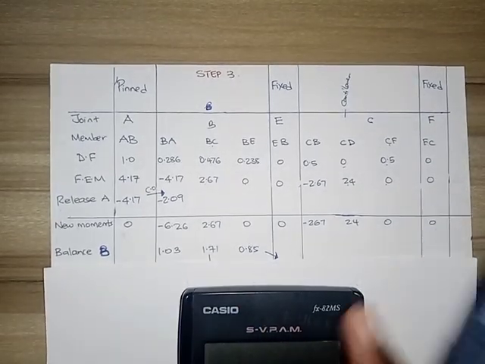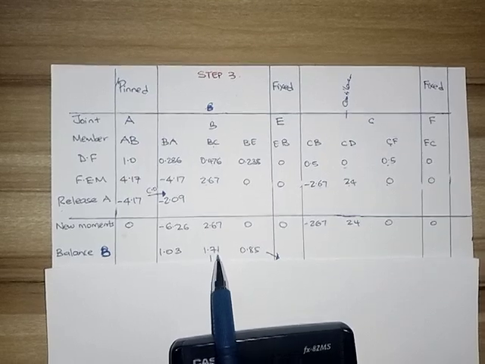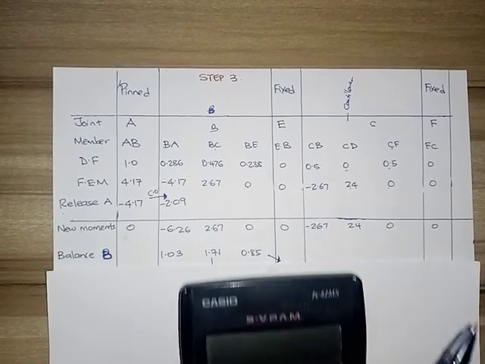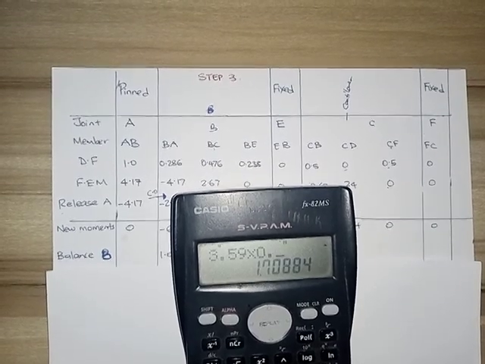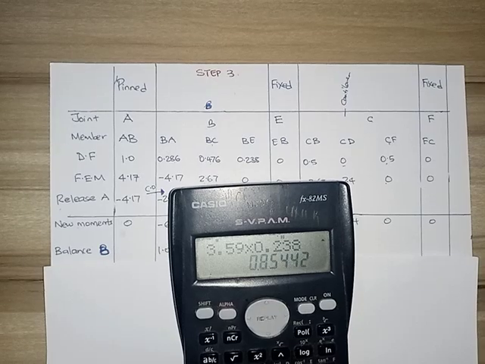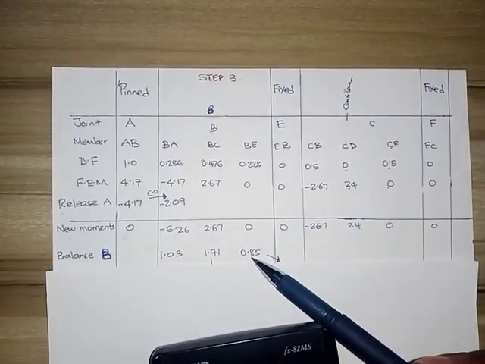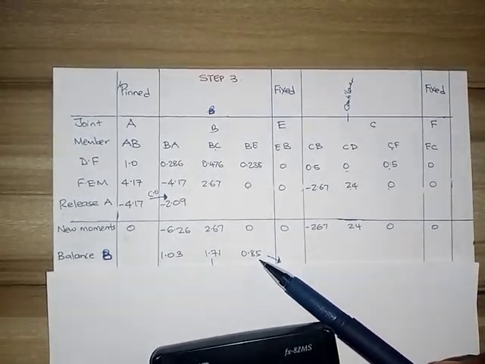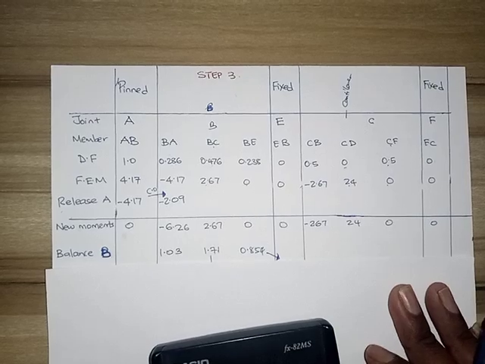In 3 decimal places, it will be 1.71. The other one, BE, will be 0.238, and you get 0.854.